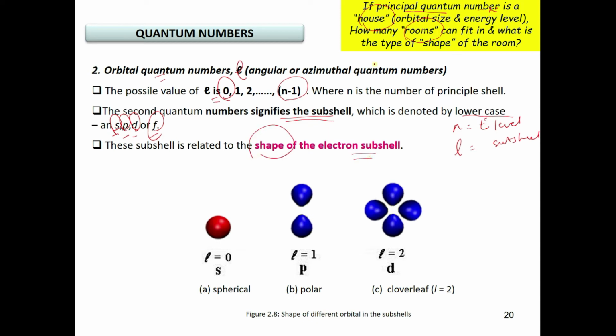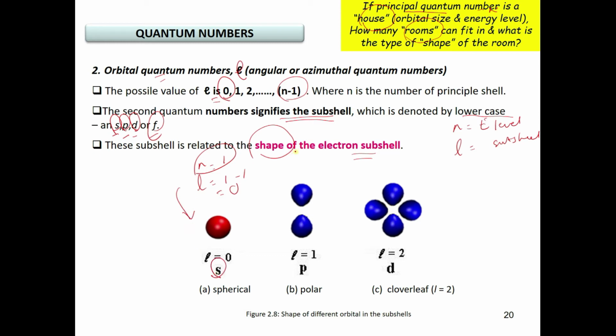So how many rooms can fit within the house, and what is the type or shape of the room that can be occupied by electrons? If N is equal to 1, L is only 1 minus 1, so it is equal to 0. For energy level 1, it only has the s subshell.